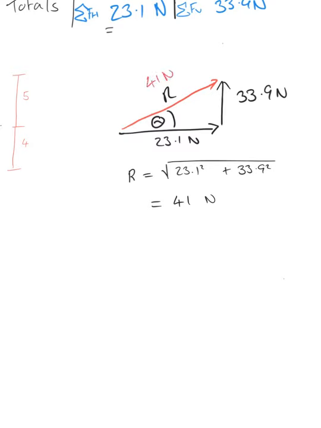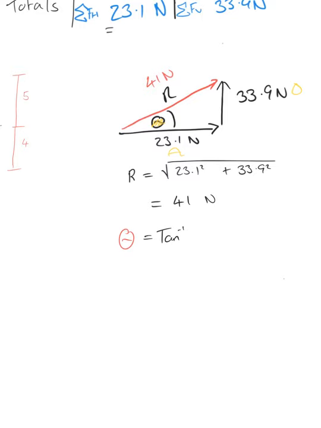So all of those forces, if we were adding them together, we know that this shape is actually going to move in that direction, with a magnitude of 41. To find the direction, theta, it's going to be the tan inverse of opposite over adjacent. Remember, if this is your angle theta, opposite of this is 33.9, adjacent is 23.1.